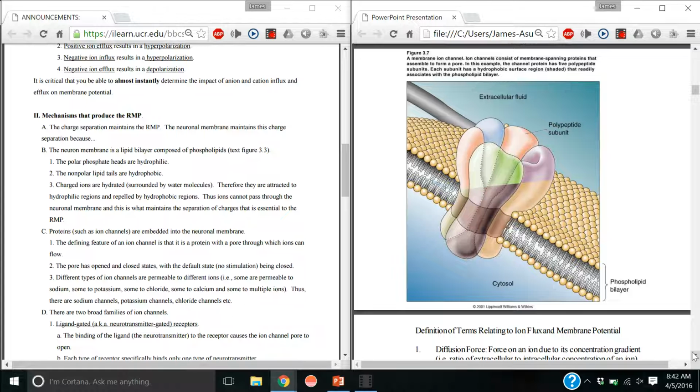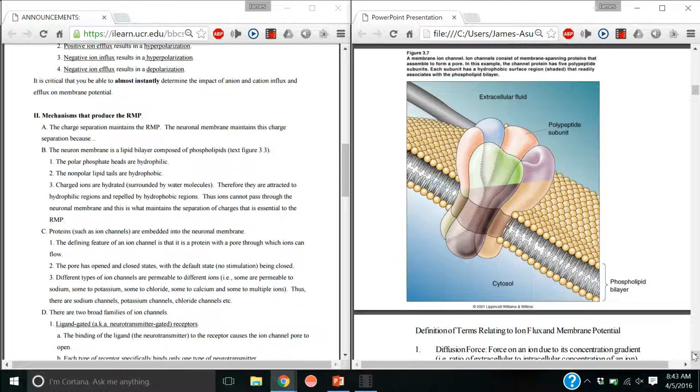So there are two other general categories of these ion channels. I already mentioned earlier, there are the ligand-gated ion channels, and there are the voltage-gated channels. So the ligand-gated ion channels are those that are opened by a molecule or sometimes two molecules of neurotransmitter. So here, for example, this is the intracellular side, the inside of the neuron.